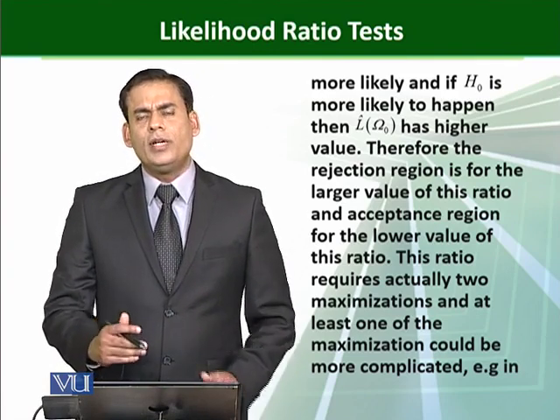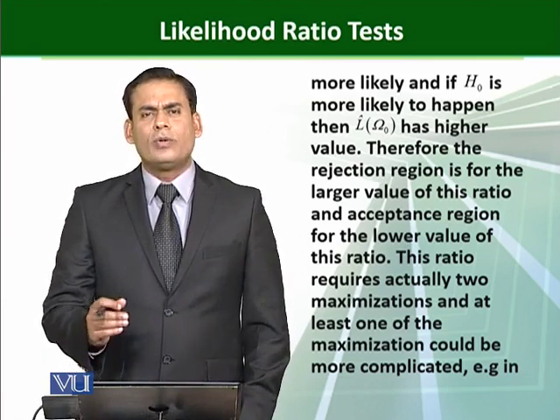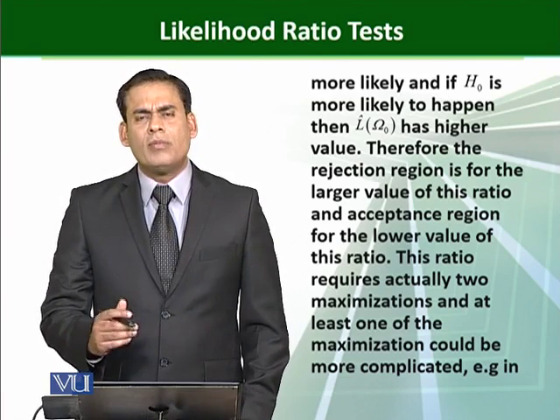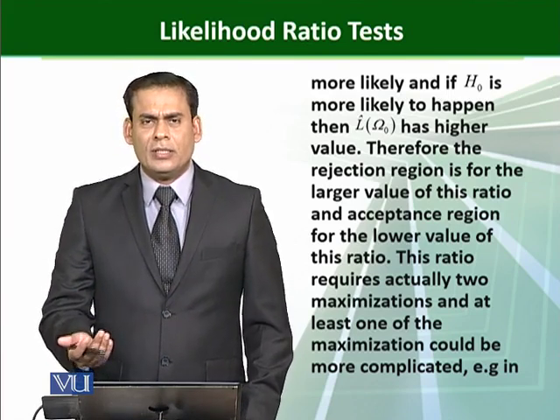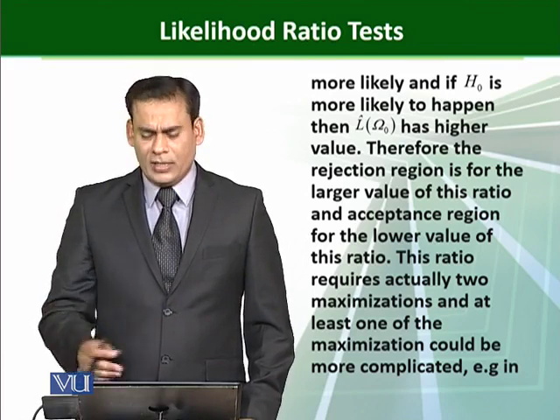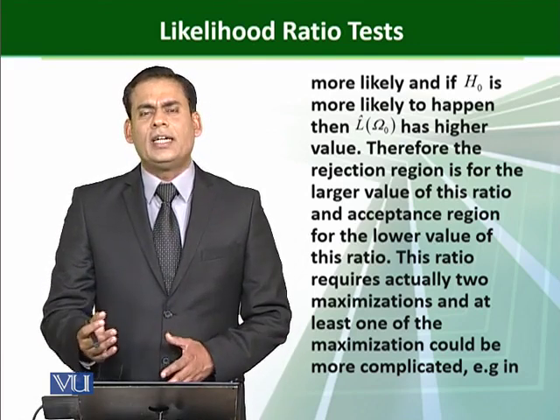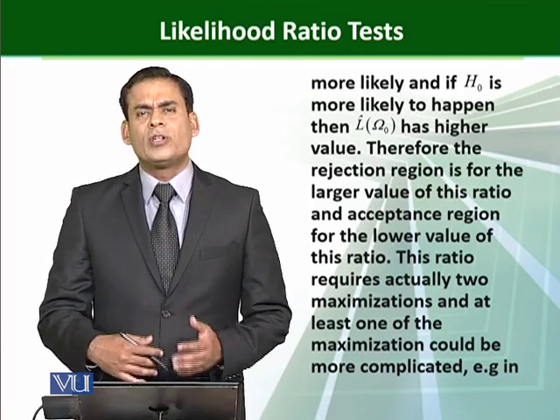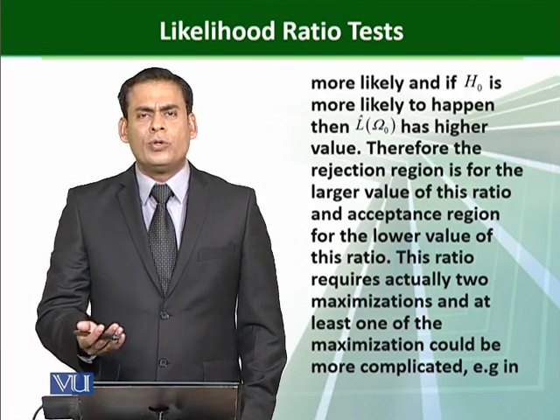When we are doing two types of maximization, there is a good chance that we face some problems in finding the maximization. For example, if our alternative hypothesis is one-sided, then we face problems in determining the maximum likelihood function.